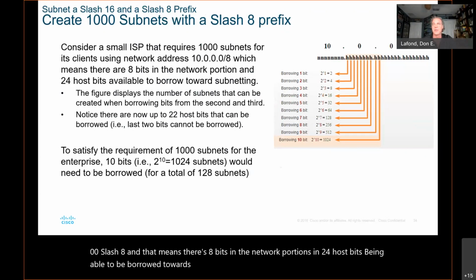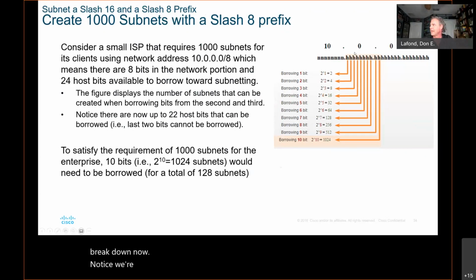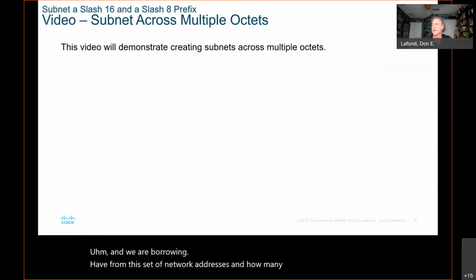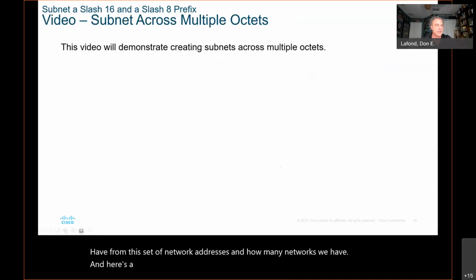And it shows you how that would break down. Now notice we're in the 2nd octet, and we are borrowing from this set of network addresses, and how many networks we have. And here's an in-depth video to show that.